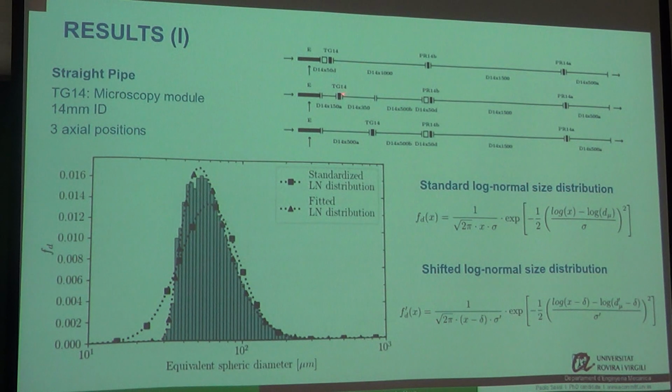Then it's located here and then here. It's to analyze the development of the flow. And this is a typical distribution of the droplet size.